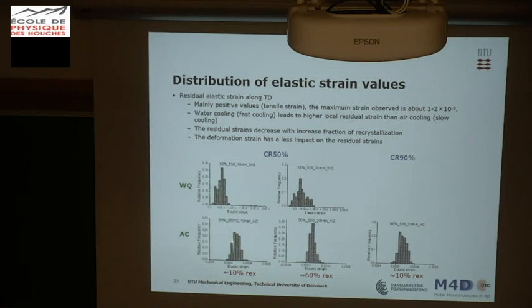Compared to the air cooled ones, the maximum is around 5 times 10 to the -4. And the variation between these three is not that high. So the dominating factor is the cooling rate. And between these two, the volume fraction has less impact. Between these two, the external strain has less impact.